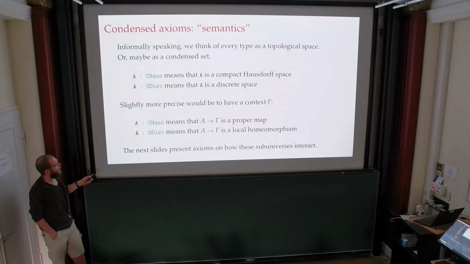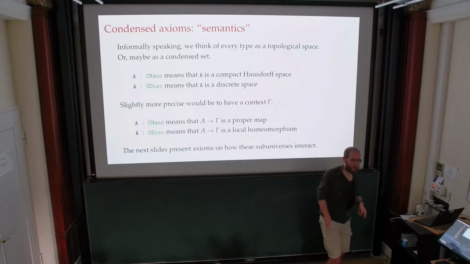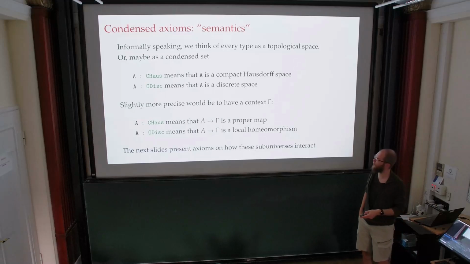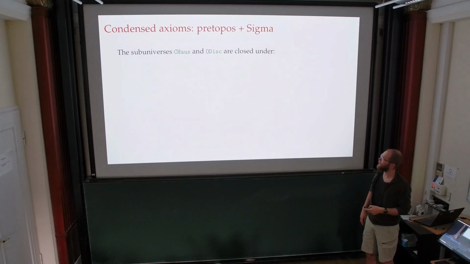Right, so it's cool that we have these two predicates, but of course just having two predicates doesn't give you anything. They need to interact somehow, so we need a bunch of axioms on top of that. But this is sort of the data part, and now we explain the property part of the axioms.